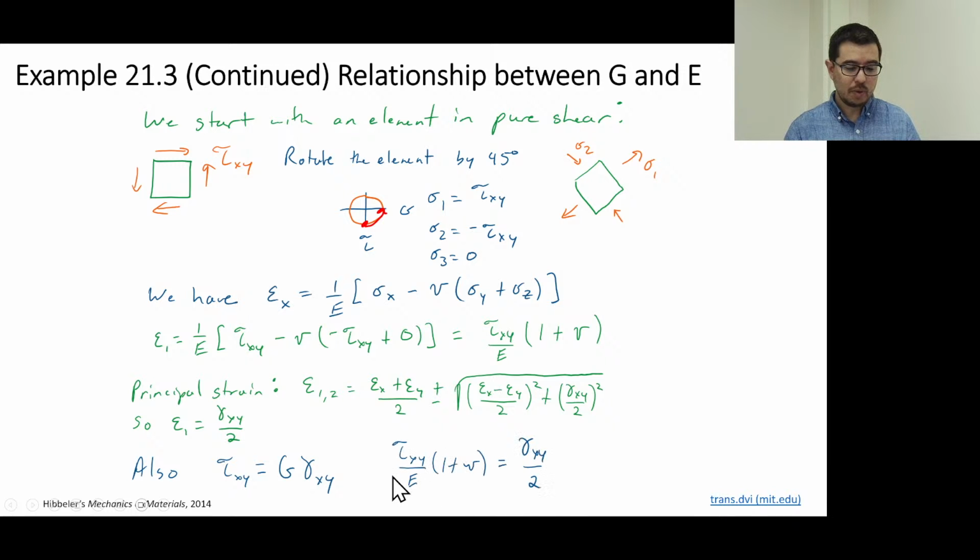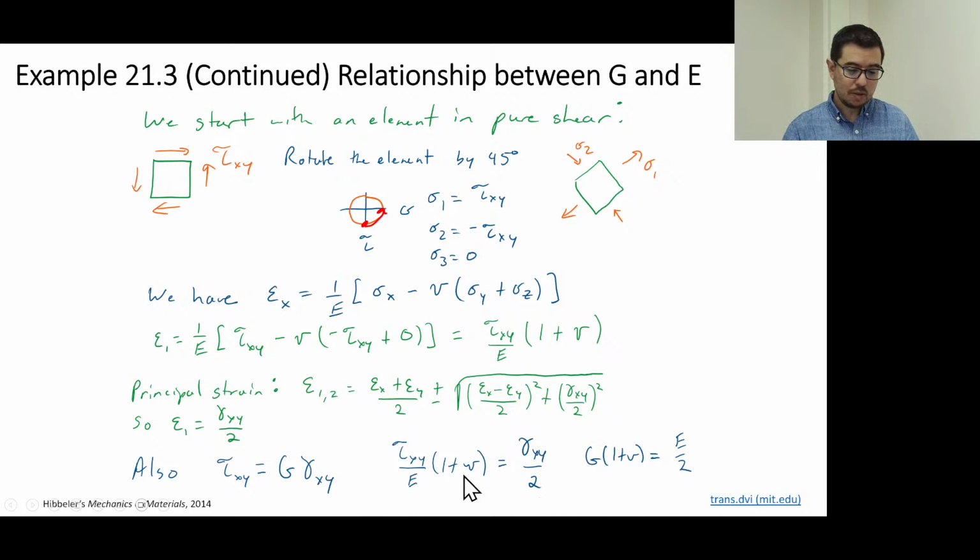So now we can write out this expression. Epsilon 1 is equal to this, that one to that, and then to that. And then we have this expression. So now we plug in G gamma, and you see G gamma this.